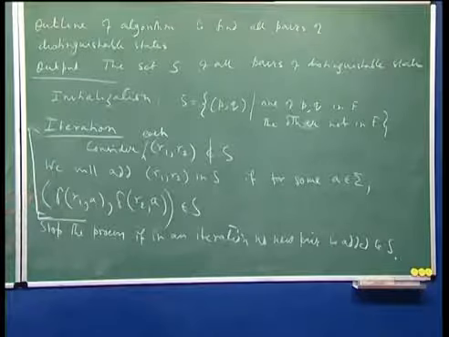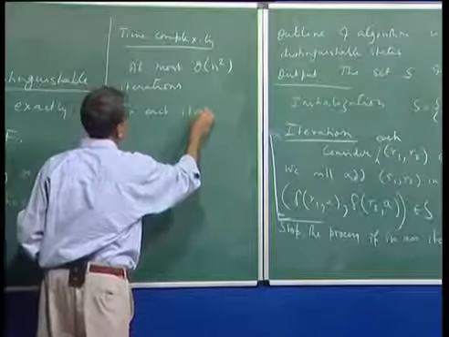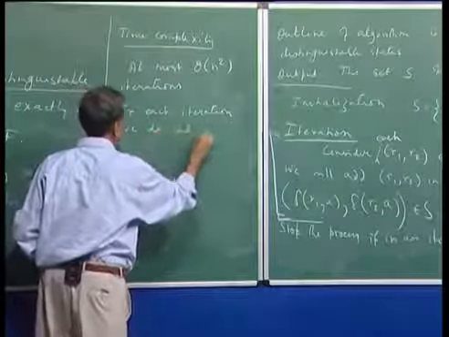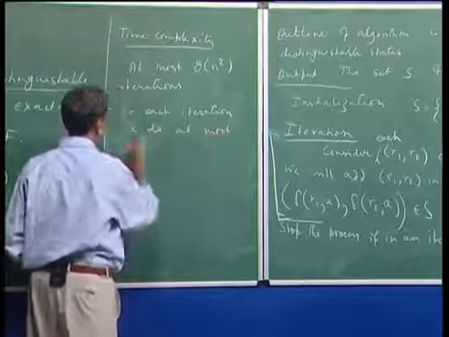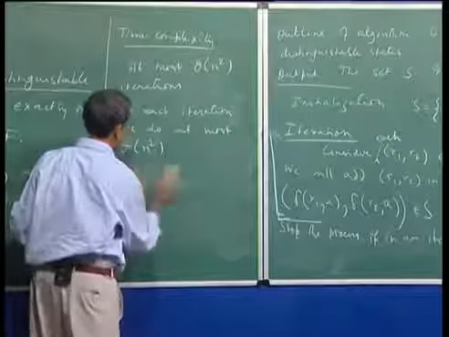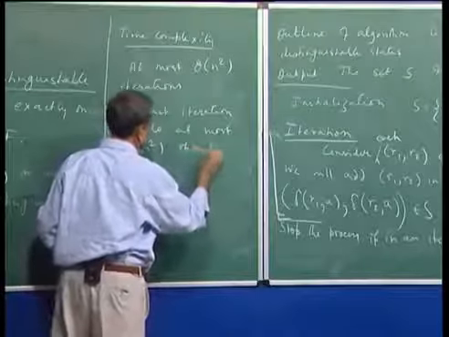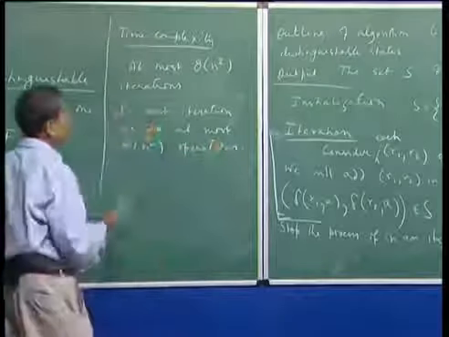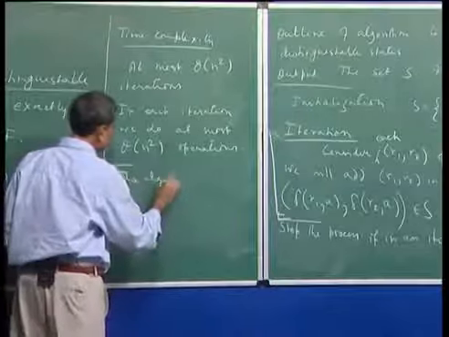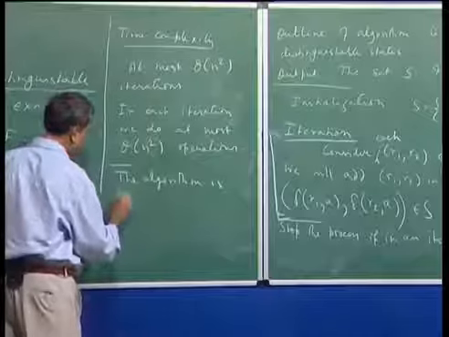So, you can see that in each iteration we do at most order n square operations. So, therefore, the algorithm is polynomial time.